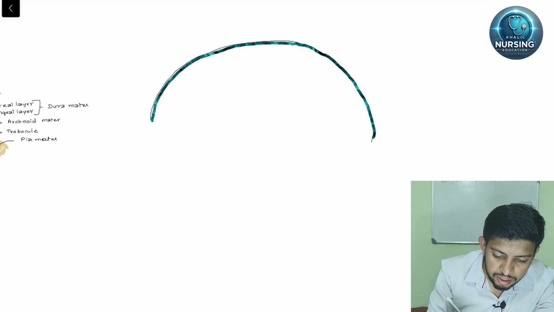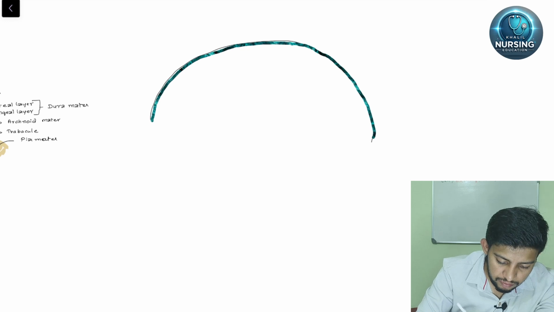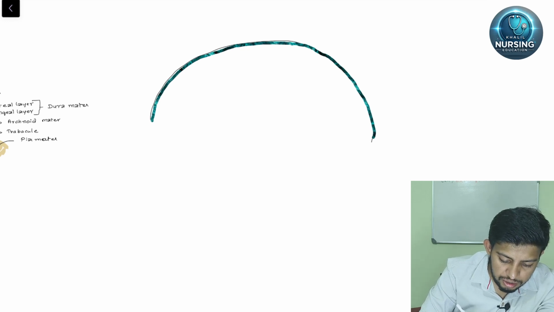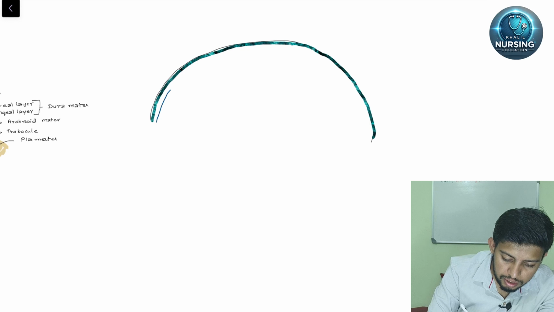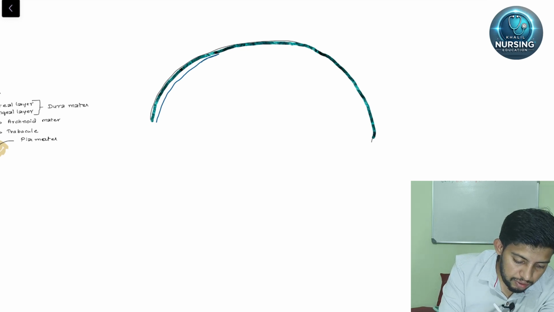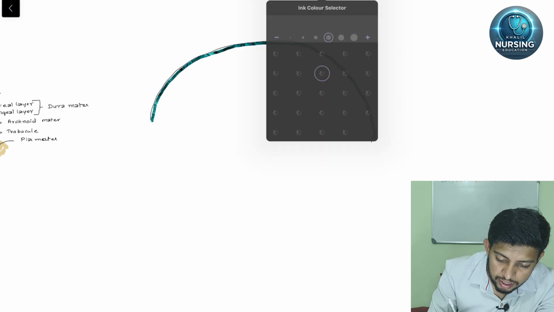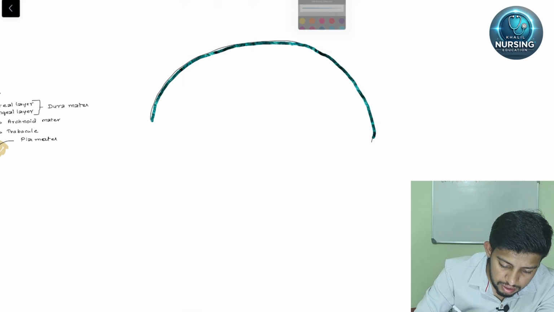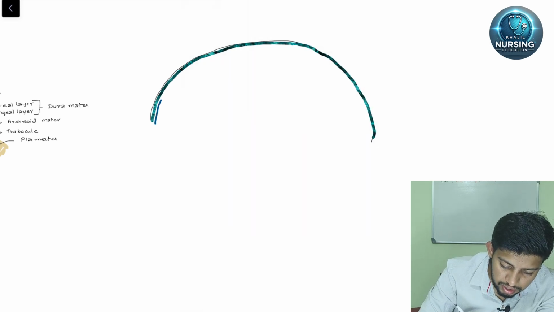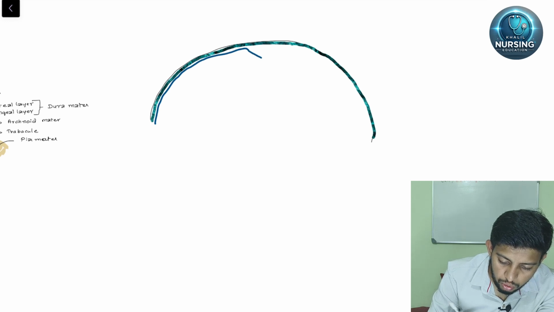Below the periosteal layer, another layer will be there, which is called the meningeal layer. It is slightly attached and it is open here.